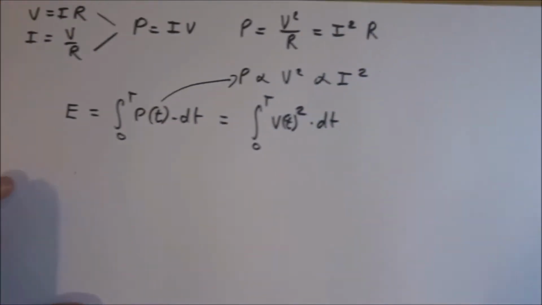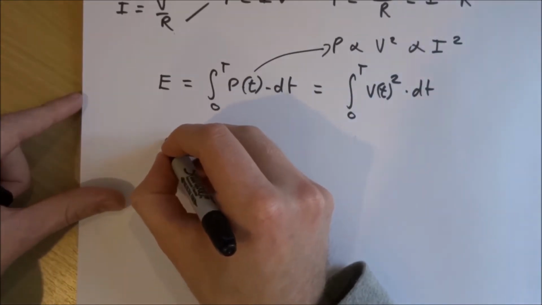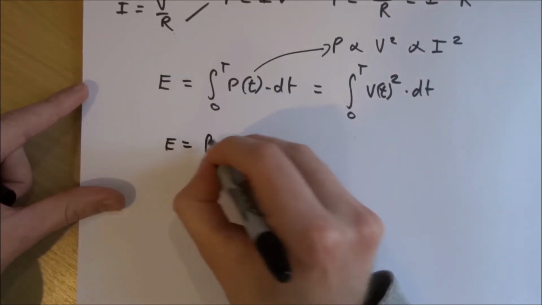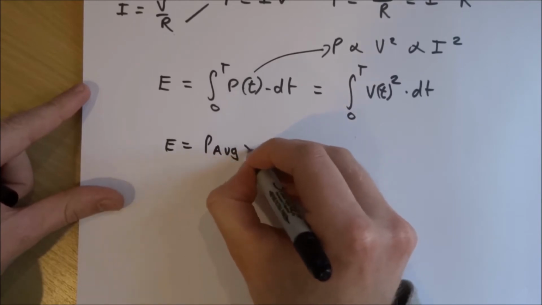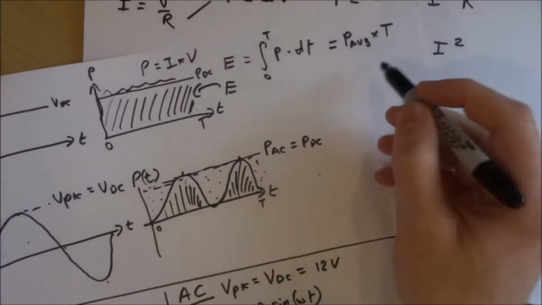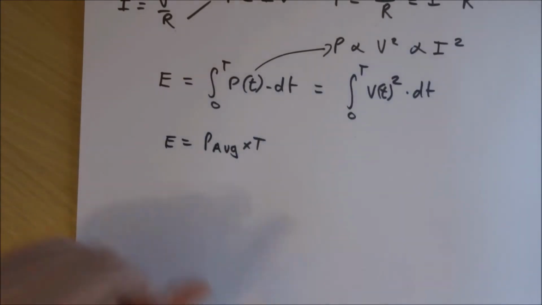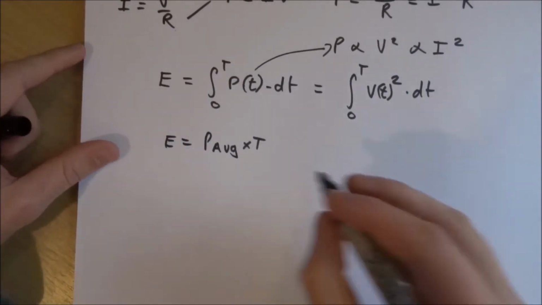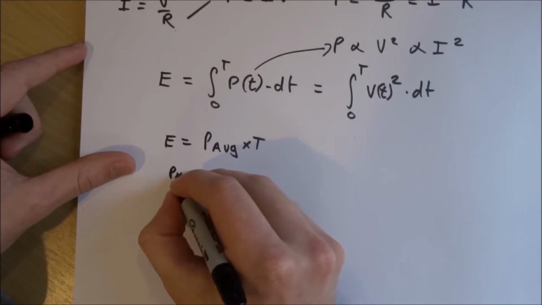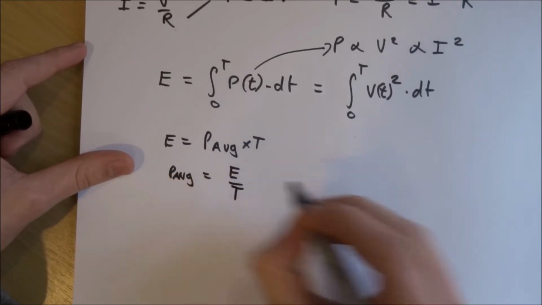If we now come back here, I can say that this E is equal to the average power times the horizontal component of capital T, just like we did here. So if I now rearrange that and I want to get the average power, I know that the average power is equal to the energy divided by the time.